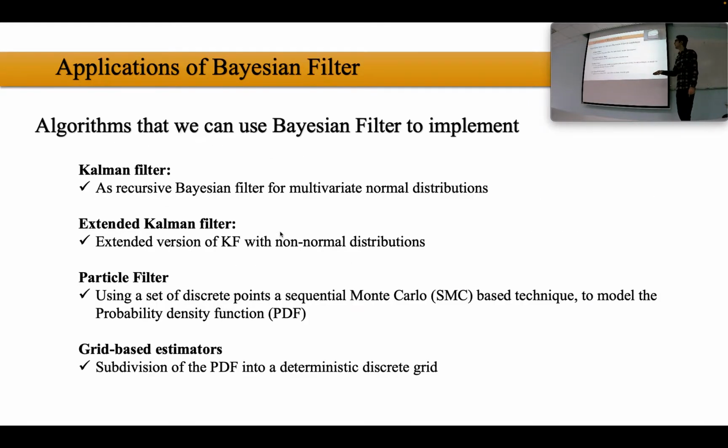Then we set the important concepts. We also discussed that we have some algorithms that we will start to see: Kalman filter, extended Kalman filter, particle filter, grid-based estimation. After that, we have over hundreds of different algorithms. Finally, we also have, for example, ORB-SLAM 1, 2, 3, one of the state-of-the-art algorithms that work greatly on SLAM problems.